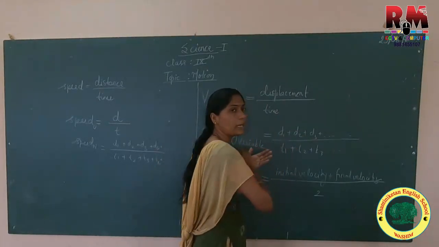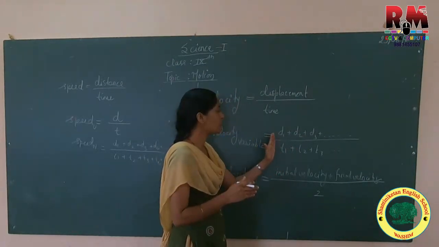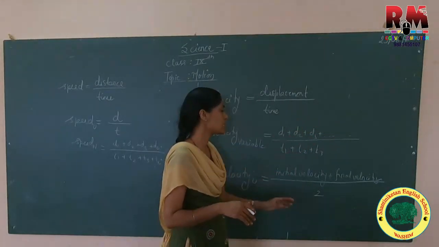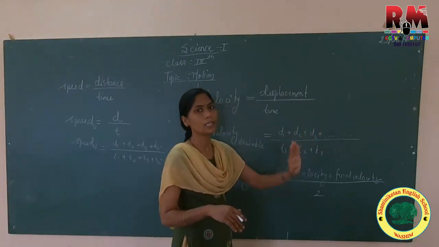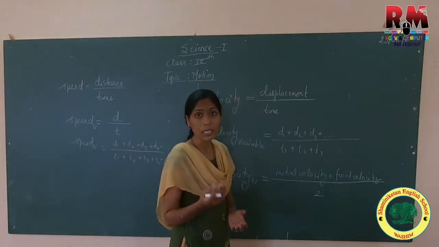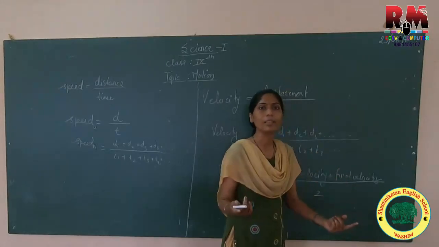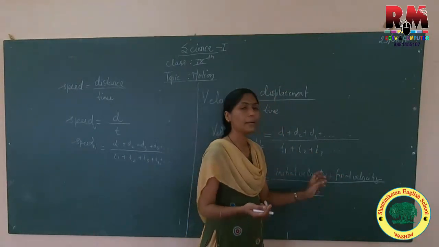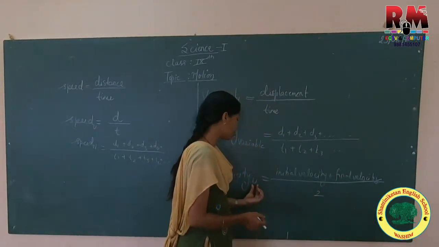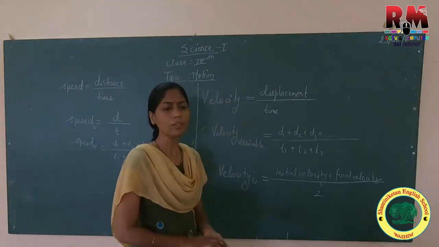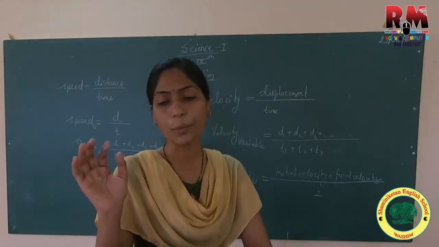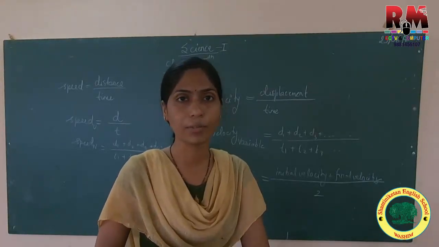If all the displacements d1, d2, d3 are the same and times t1, t2, t3 are the same, then the velocities will also be the same. So find the initial velocity, find the final velocity, or any one velocity, and divide by 2. This is for uniform velocity. When we go through the problems, we'll come to know how to solve such questions.